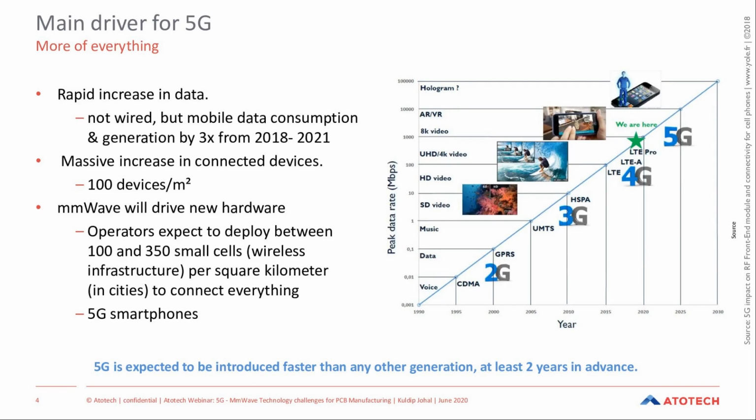So definitely 5G will drive new hardware that will enable many different types of devices, wearables, infrastructure, cloud and edge computing. So all of these factors are going to come into expanding the infrastructure from 5G.